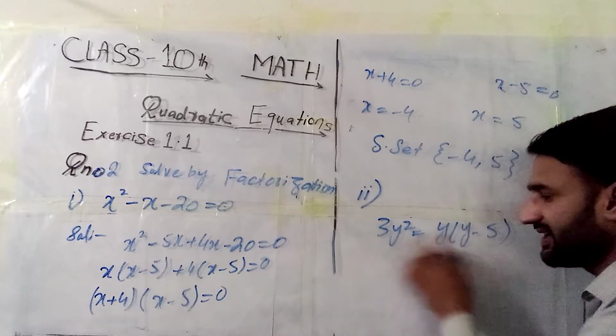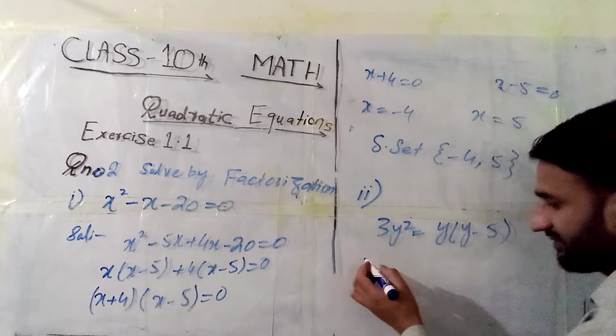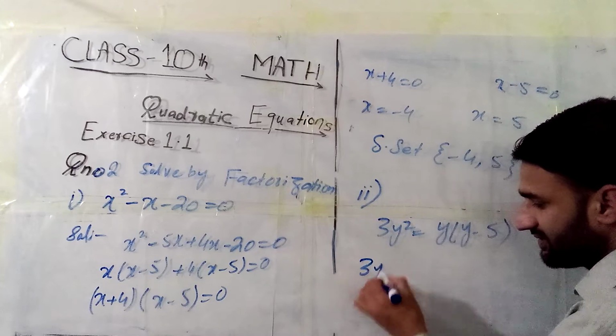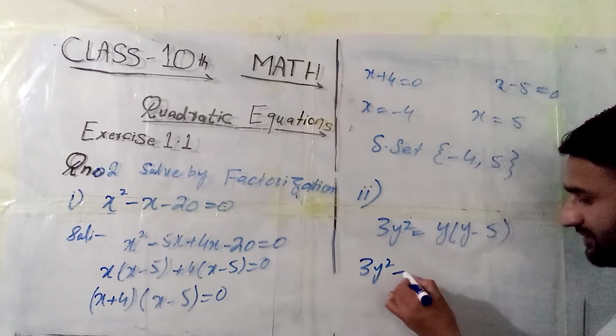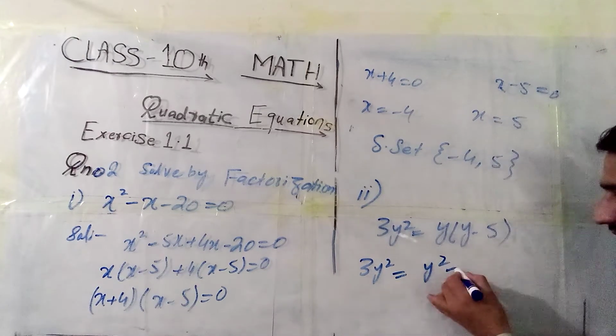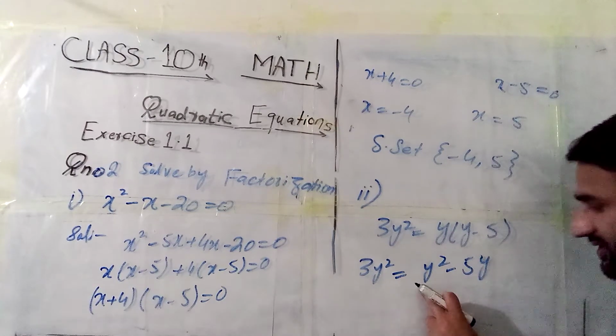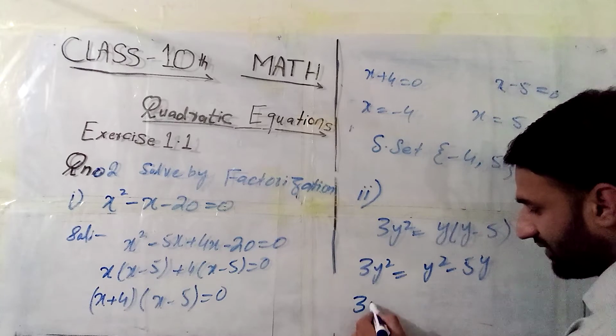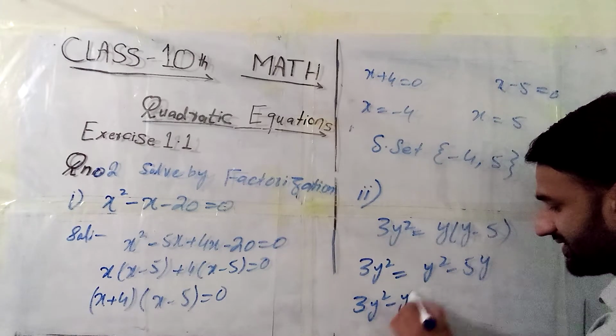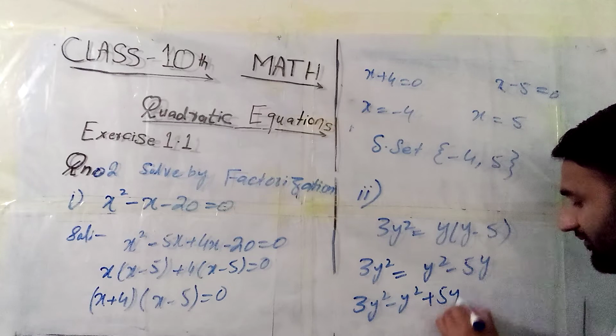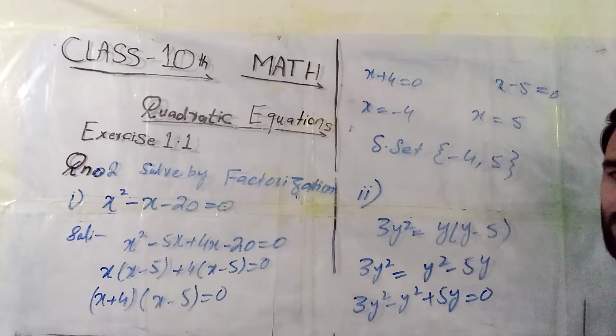First, we try to rearrange this question. Now, how can you rearrange this question? For example, 3y squared. Here you multiply this term, y squared minus 5y, and try to shift it to this form: 3y squared minus y squared plus 5y is equal to 0.